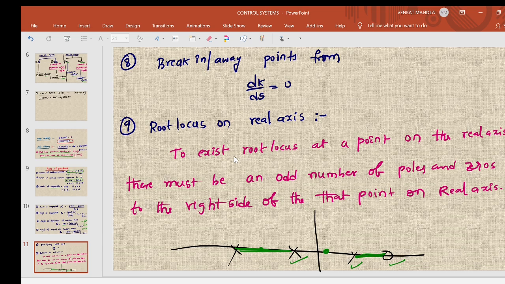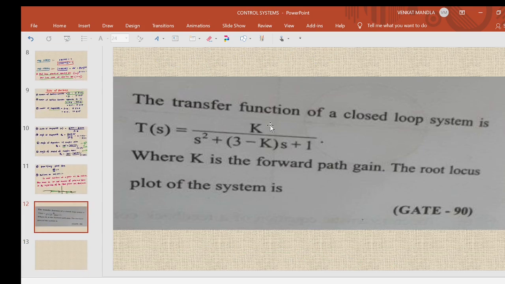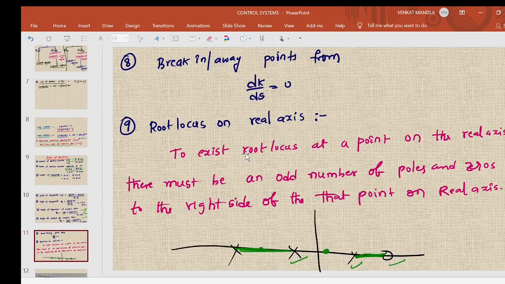For a root locus to exist at a point on the real axis, there must be an odd number of poles and zeros to the right side of the point on the real axis. So these are certain rules we have when the angle criterion is odd multiples of 180 degrees.